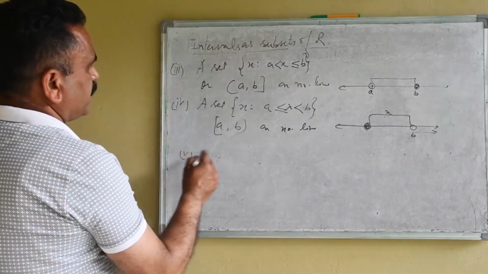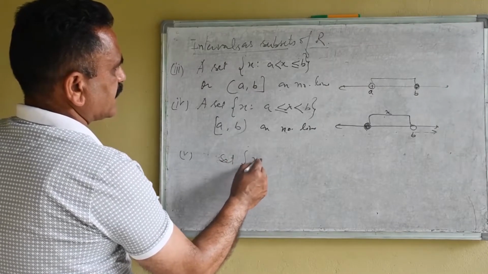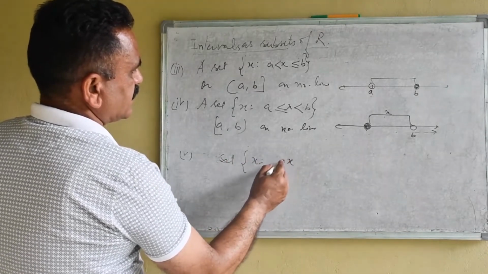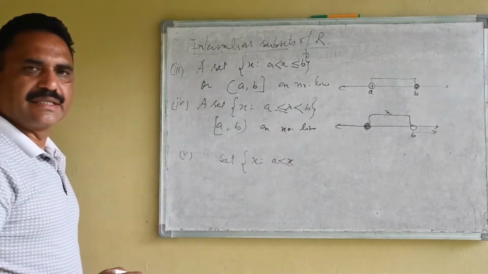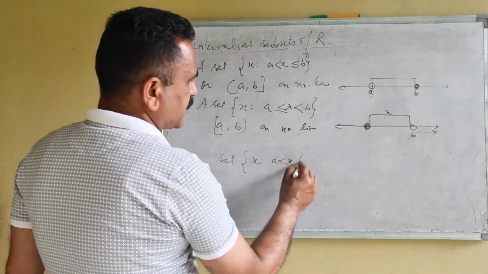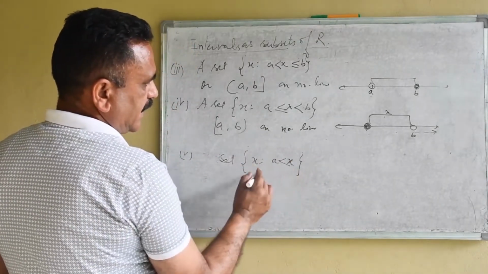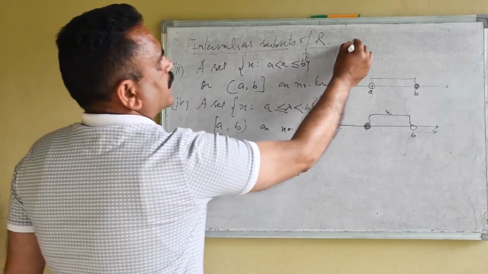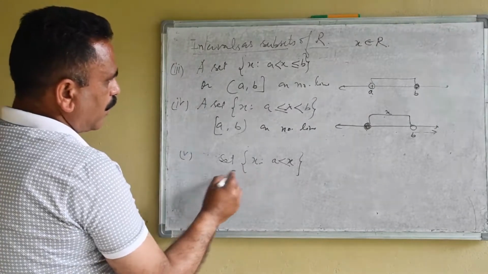Now, suppose we have a set x such that x is greater than a, but the upper limit is not given for us. Here x is greater than a, x belongs to R. So how can we write it?